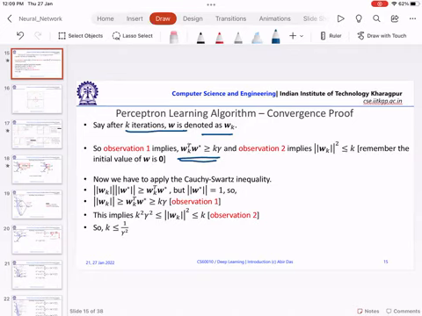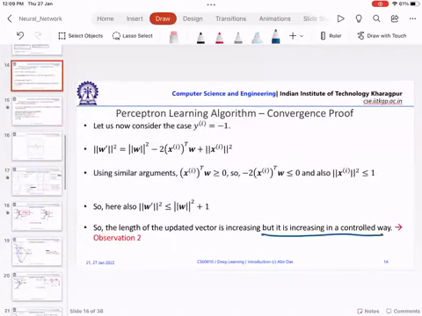And observation 2 implies that the square of the length of WK is less than or equal to k, because the initial value of W is 0 and every time the squared length increases by at most 1.